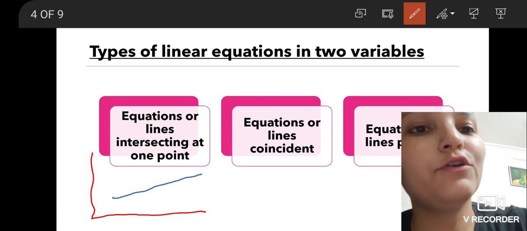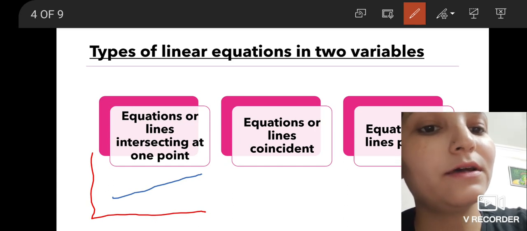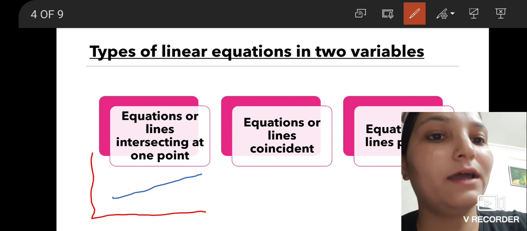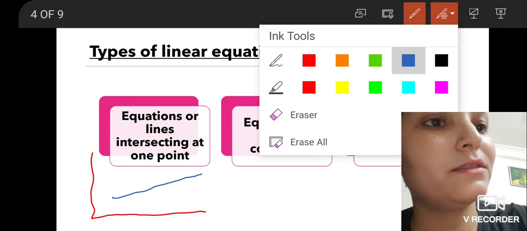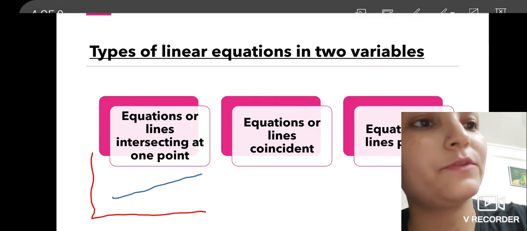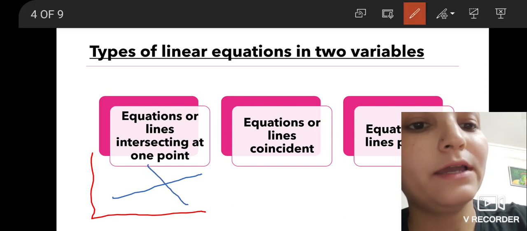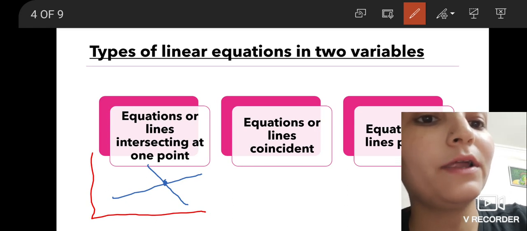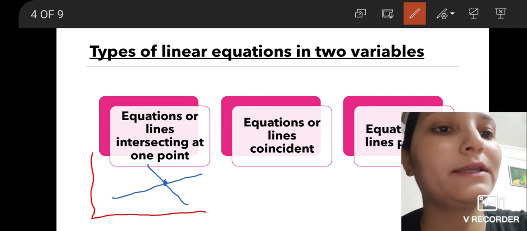So if you have a pair of equations, the first makes a line and the other equation makes another line, and these two lines intersect each other at one point. These two equations make intersecting lines.